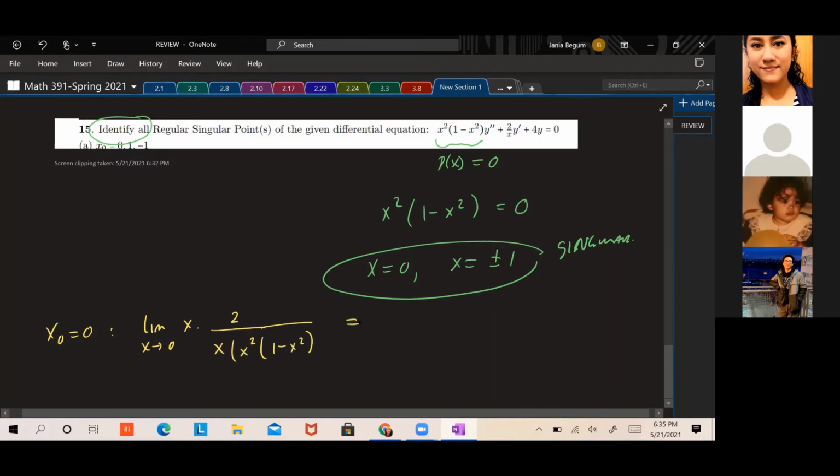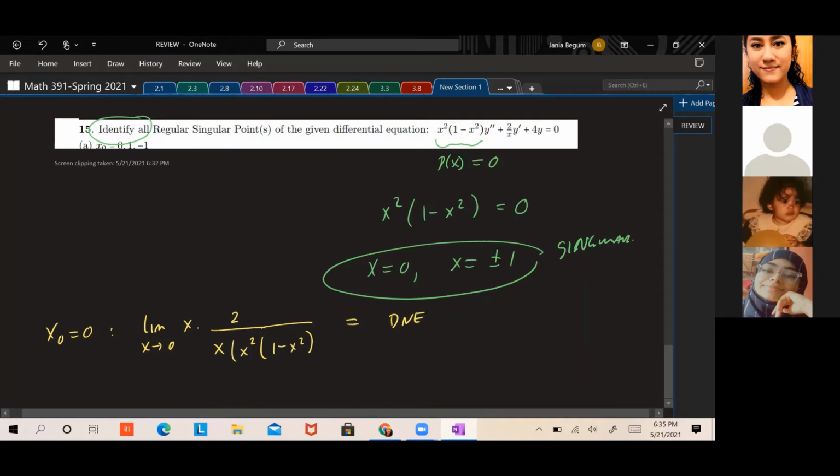What's the limit as x approaches 0? It does not exist. So we don't even have to take the second limit because one of them failed.